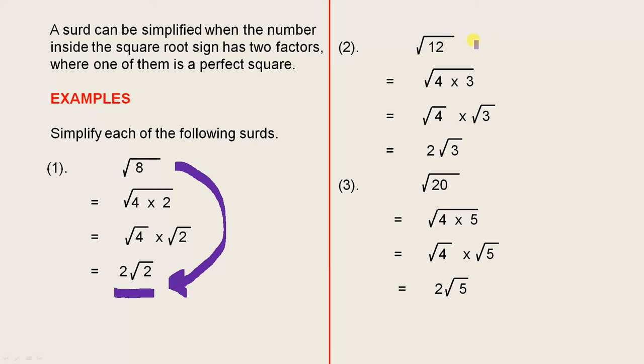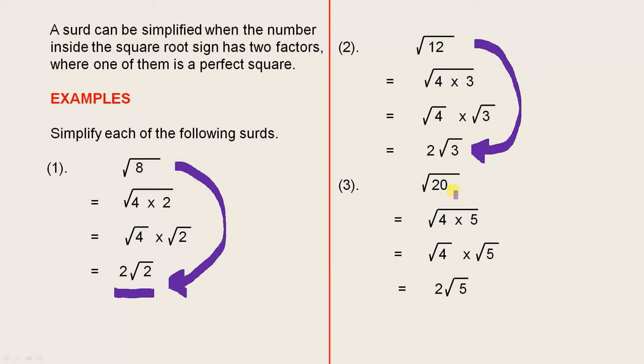In a similar manner, the square root of 12. The factors of 12 are 4 and 3, so we have the square root of 4 times 3. That can be split up in this way. 4 is a perfect square, so the square root of 4 is 2, so that gives us 2 the square root of 3. So the square root of 12 can be simplified as 2 the square root of 3.